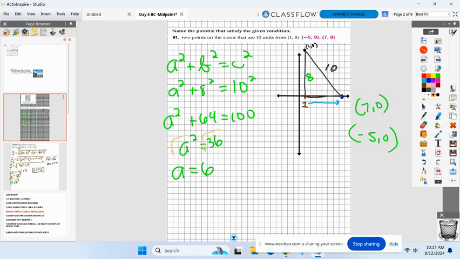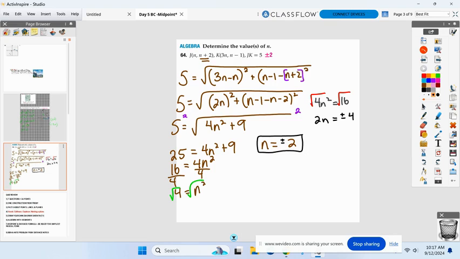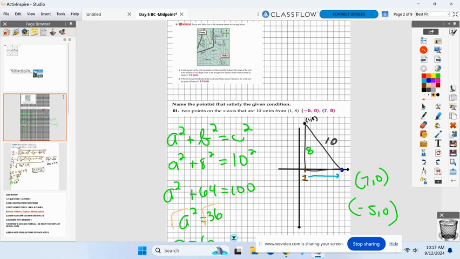Anything else? Did anybody try the distance formula that didn't go well? Because you could have made this problem look like this one here. It was a little bit more hardcore algebra. I think there was some factoring involved. Whoa. But yeah, you could have done it. Anything else we want to talk about? We okay? Now look, I'll be honest with you guys. Would I give you a problem like this or 64 on a test or a quiz?